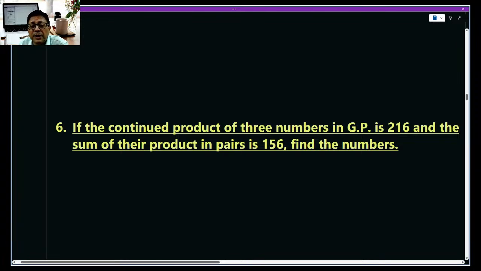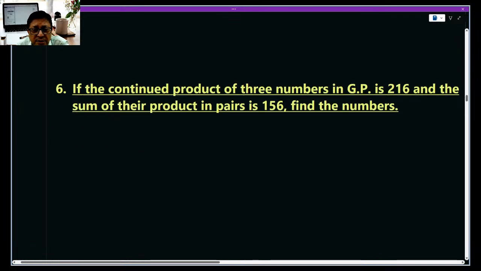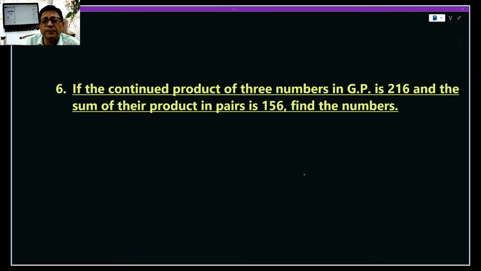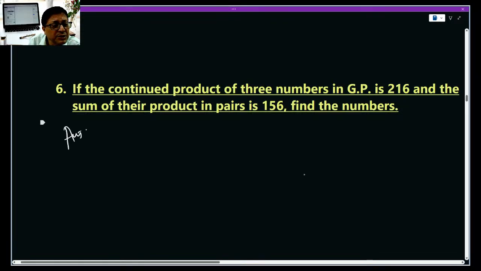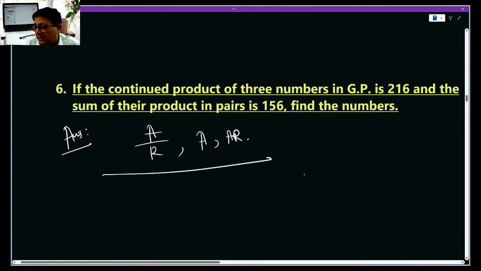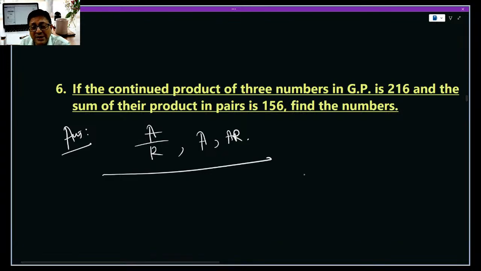If the continuous product of three terms in GP is 216, and the sum of their product in pairs is 156, find the numbers. Not a difficult sum. Continuous product of three terms in GP is 216. So three terms in GP we take that way. Let terms be A by R, A, AR, isn't it? You take three terms this manner. Why? Because product is given.